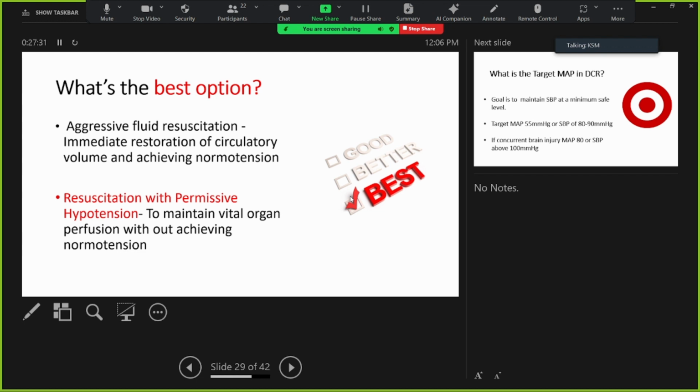One is aggressive fluid resuscitation, where you restore the normal blood pressure, but the disadvantage they noticed is that you can pop that stable clot and it can lead to further bleeding. And the method in damage control they are following is permissive hypotension. It maintains the organ perfusion without going for normal blood pressure.